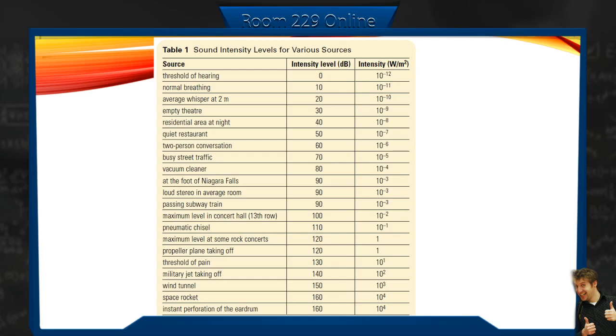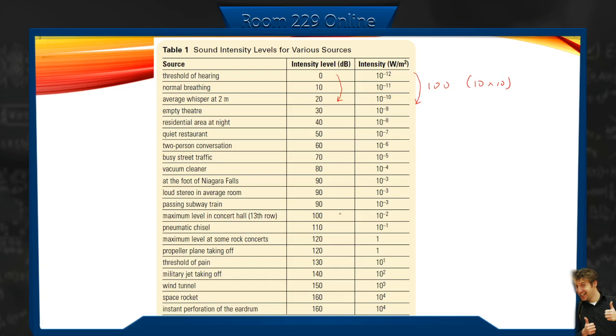If I go from 0 to 20, I've increased by 20 decibels. That is an increase of 100, or 10 times 10. So anytime I go up by a power of 10, by multiplying by 10 again, I'm increasing the decibels by adding 10.